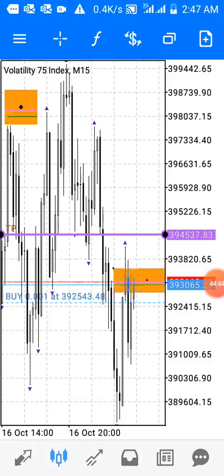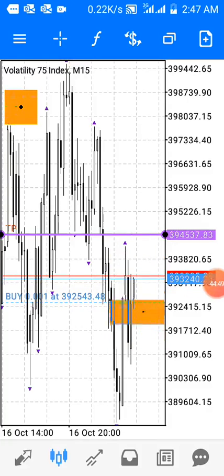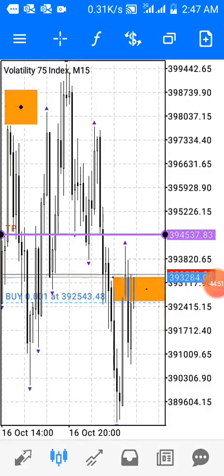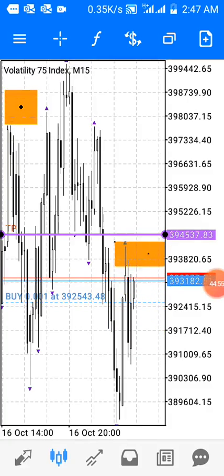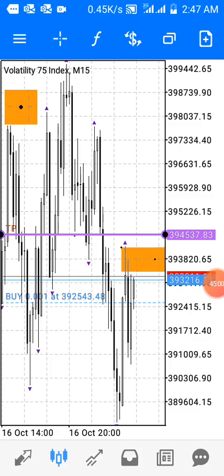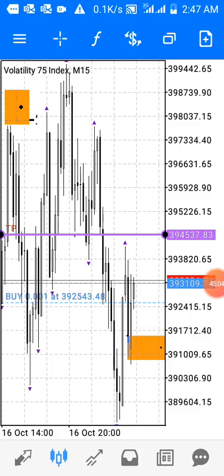Right now price is in the middle of more like a short fall. So once price breaks higher above this resistance here, you can take your buy trade. Or once price goes lower below this support here, you can take your sell trade.